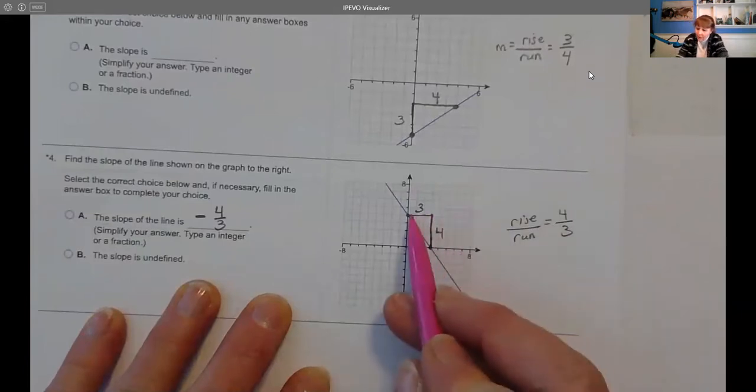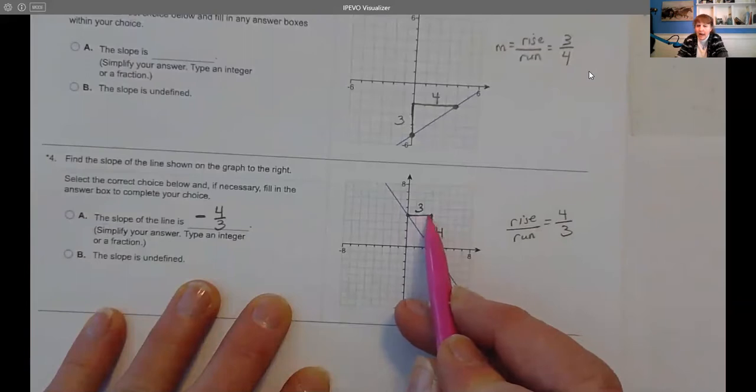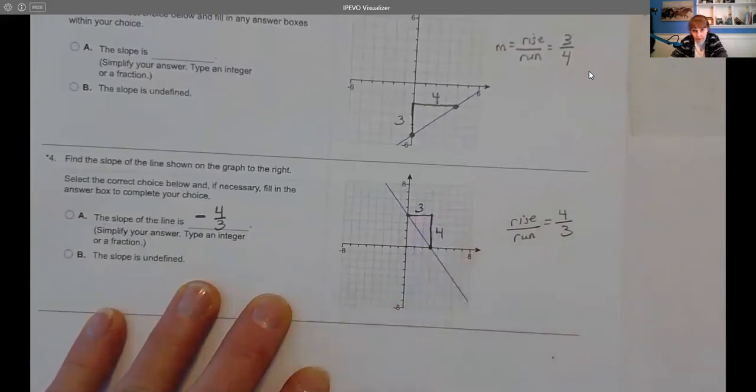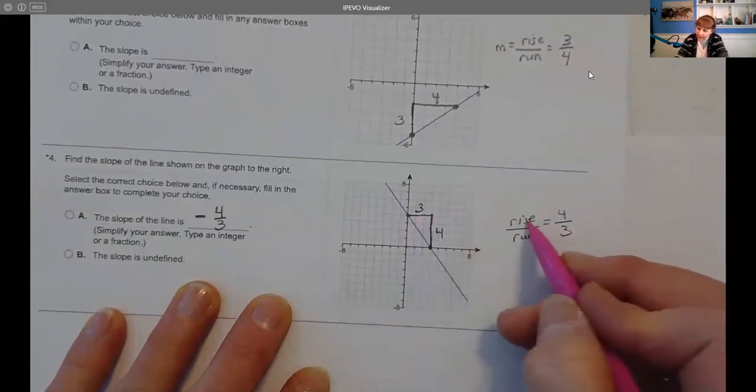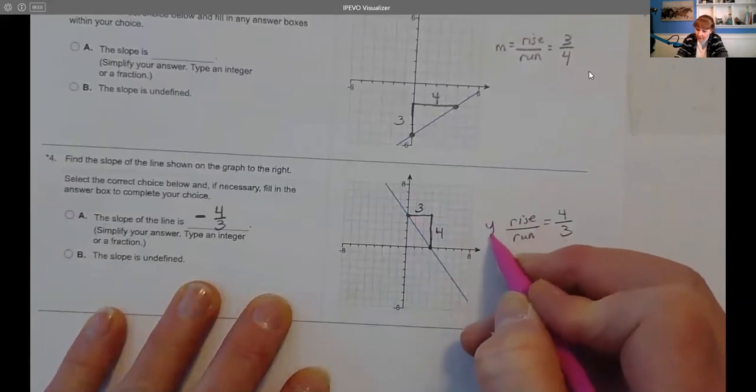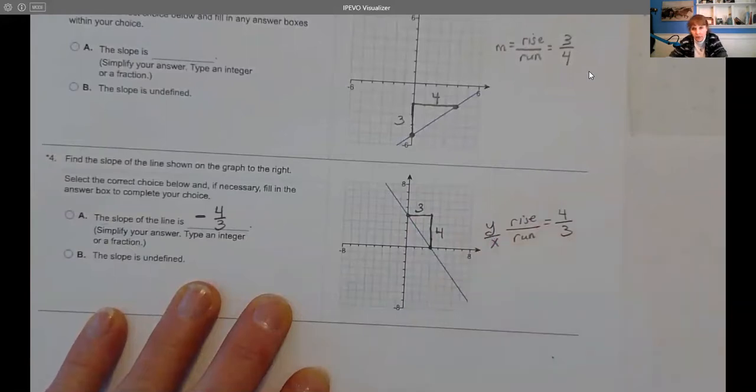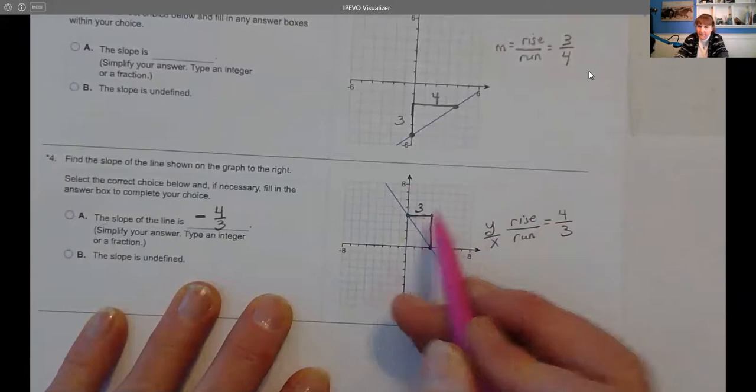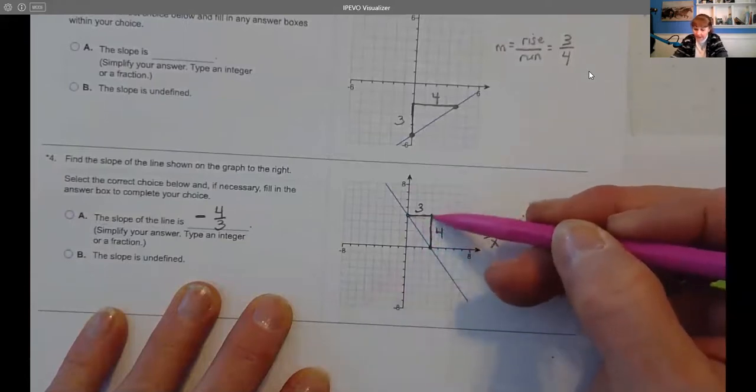When you want to find the run, you're dealing with the x values of the points. So the rise is determined by the y values, and the run is determined by the x values of your points. This is an x distance, and this is a y distance.